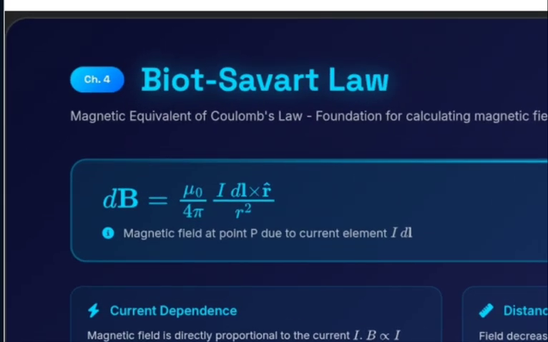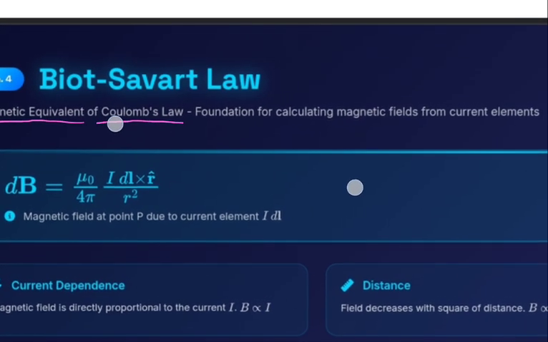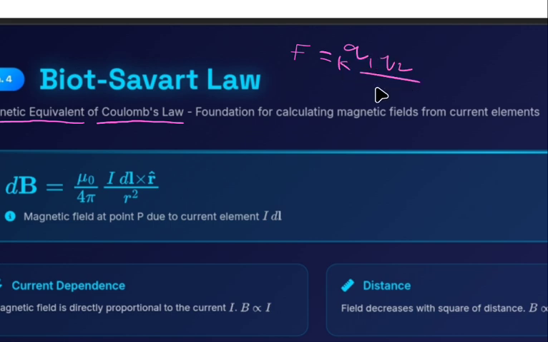What is Biot-Savart law? Magnetic equivalent of Coulomb's law. This is called the magnetic equivalent of Coulomb's law. According to Coulomb's law, F is equal to K Q1 Q2 by r square. There we talk about charges.